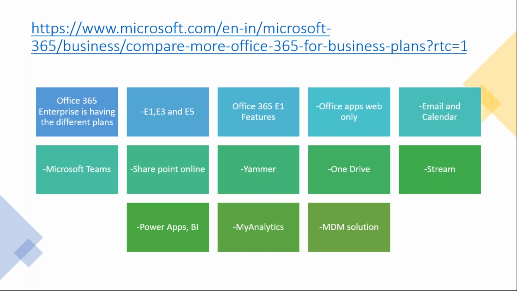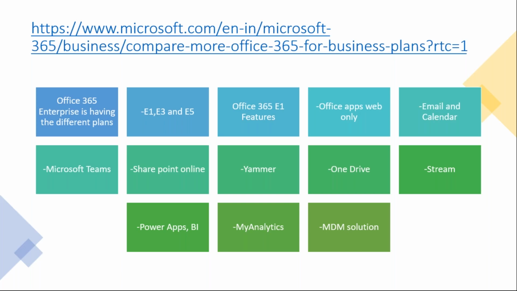You will not get the Office client application licenses here. You can install Office apps on different systems, laptops or mobiles. One license supports 5 devices. That feature is available in all three plans.